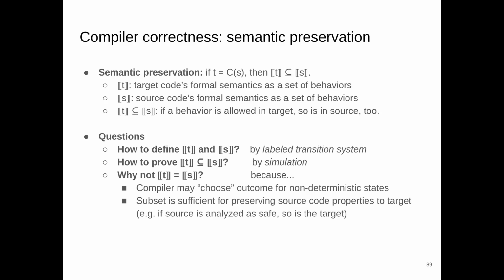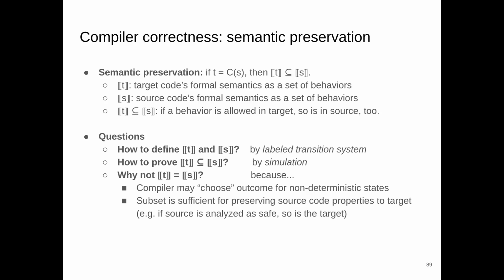So for example, say you were very diligently proving the fact that your source code will not crash at all. Then what you want from a compiler is that the target program generated by the compiler from the source code should not crash as well.